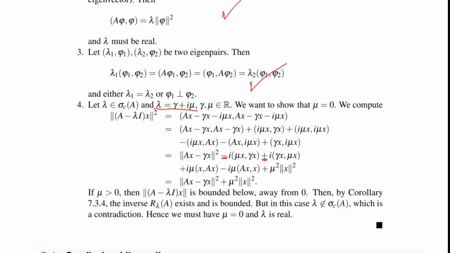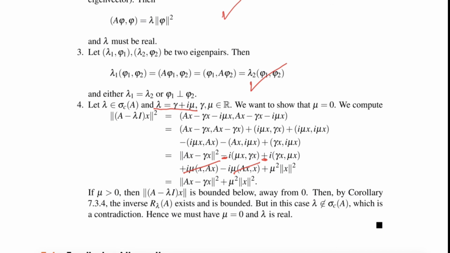And similarly for the A terms, we have a plus i mu (x, Ax) and a minus i mu (x, Ax). And (Ax, x) is real, so we can flip the A to whichever side we want, so these terms cancel as well. So what we keep is the norm squared of Ax minus gamma x plus mu squared times the norm squared of x.